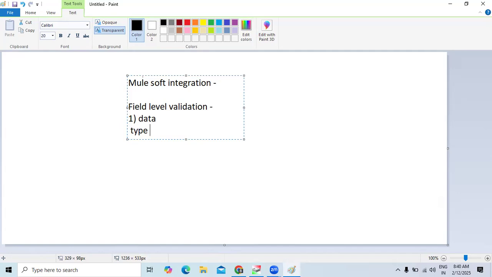The first one is data type validation. The next one is required field validation. Next is range or length validation.